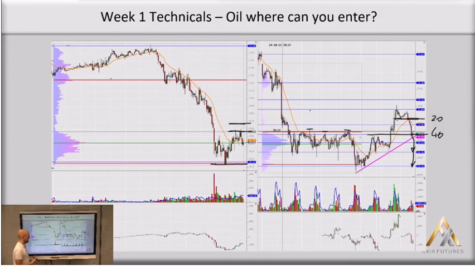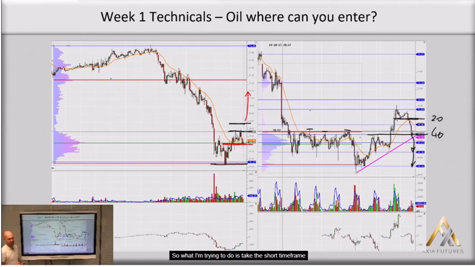If you want to sell, they're your two options to sell. If you want to buy, then my view was 40 was the place to buy, or you buy the break above 67. So what I'm trying to do is take the short time frame and just set up where I want to take the trade. And the other part of that is you've got to decide for yourself which one you want to do.